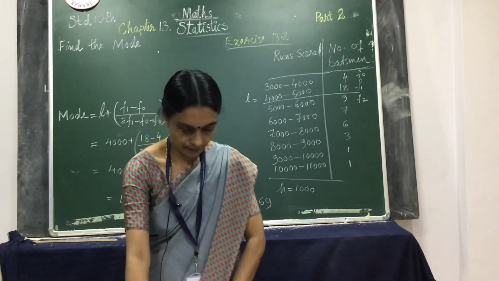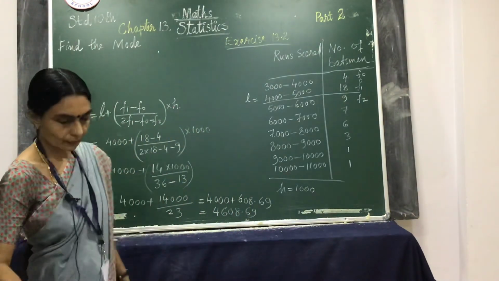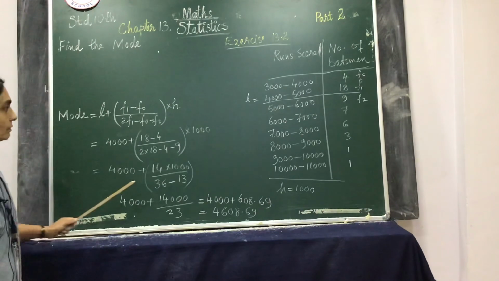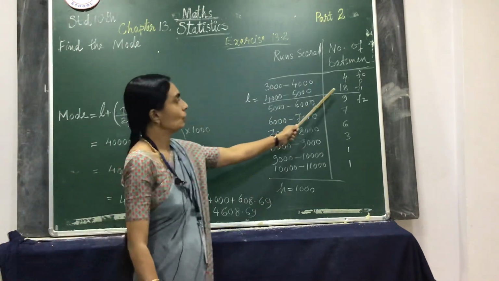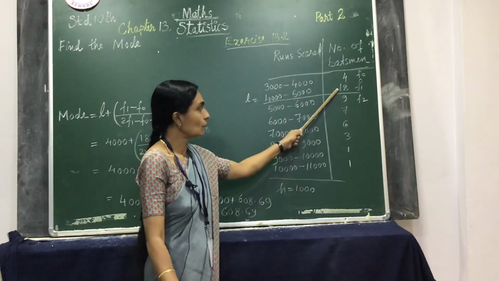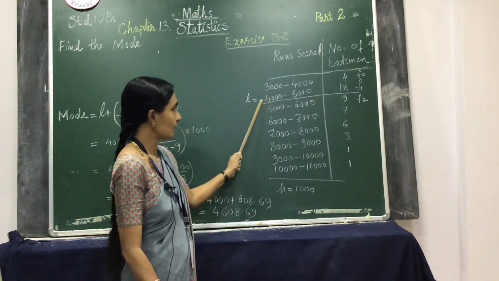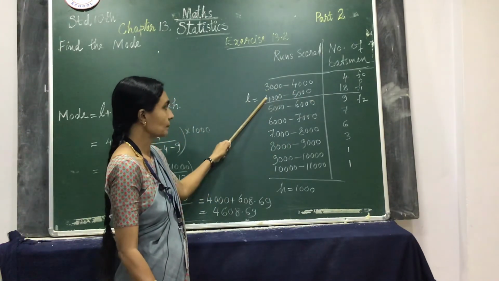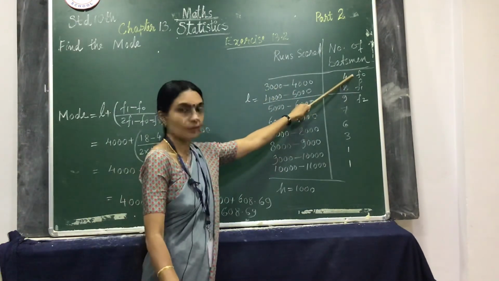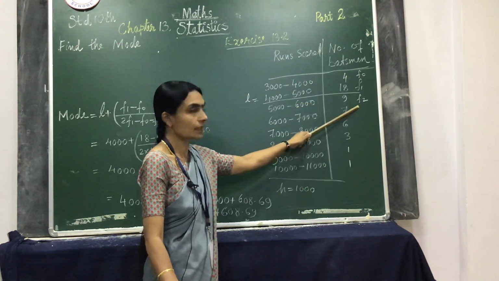So in these questions, for the mode, first we have to find the class interval of the highest frequency and take the lower limit. And before it we have f0 and after that f2.